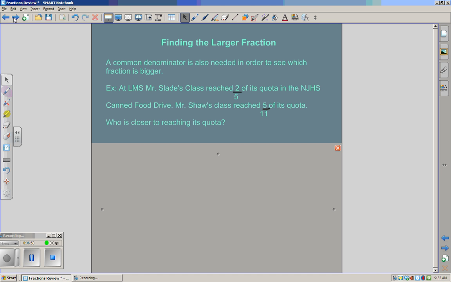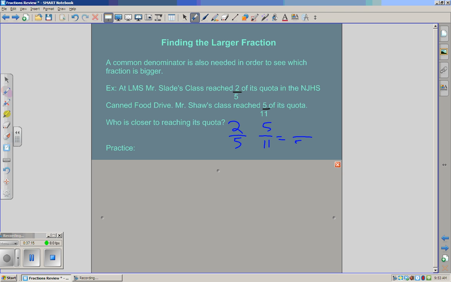All we have to do is find a common denominator to see which fraction is bigger. So if I have 2/5 and Mr. Shaw's has 5/11, we have to find our common denominator. I cannot think of one, so I'm going to do 5 times 11 is 55.